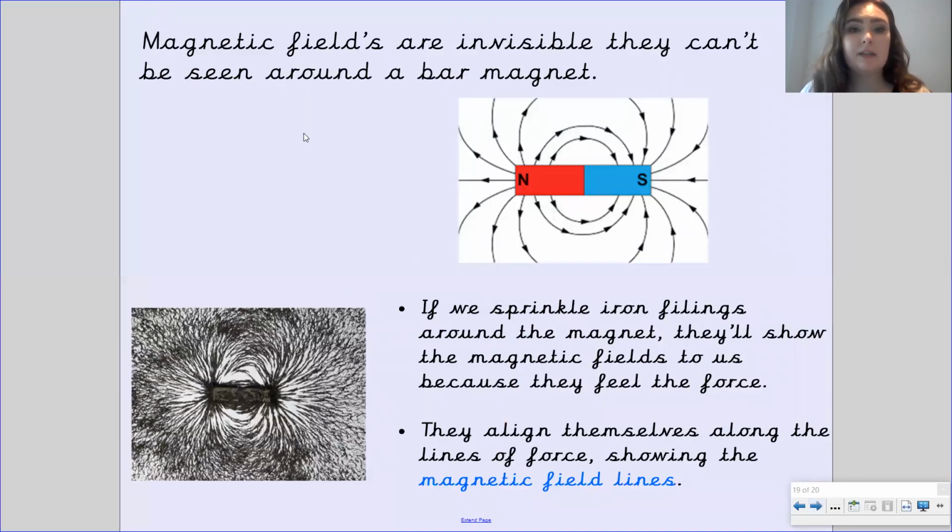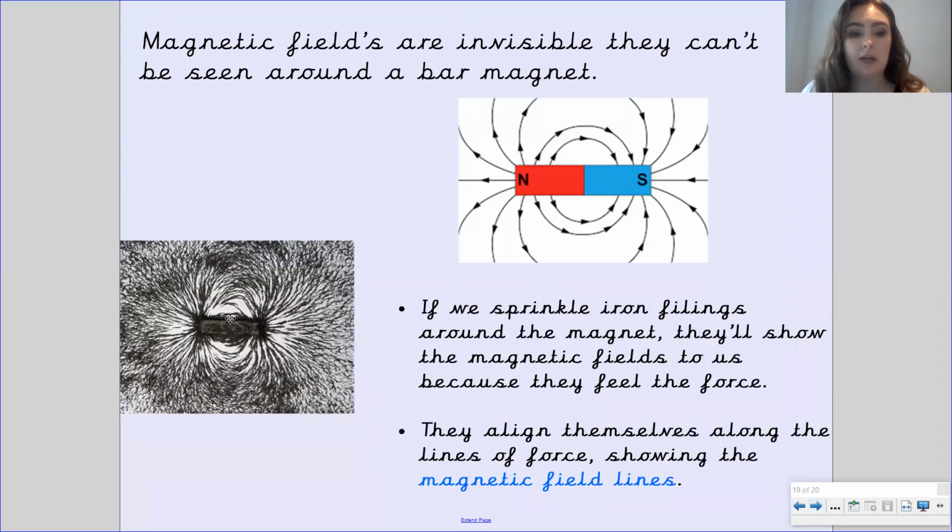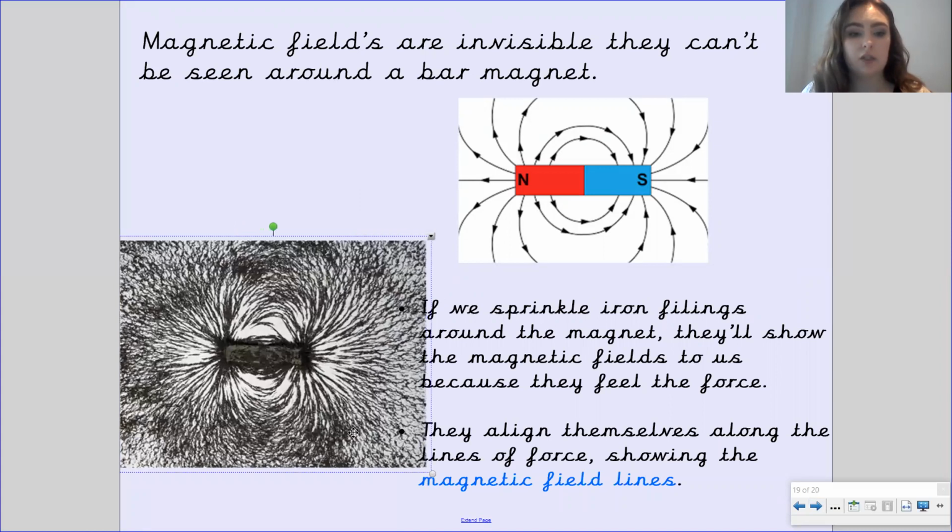Okay, so magnetic fields are invisible and they cannot be seen around a bar magnet. If you were just to look at the magnet, you would not be able to see the magnetic field because it's invisible to our eyes. However, if we sprinkle iron filings around the magnet, they'll show the magnetic field to us because they can feel the force. They align themselves along the lines of force and they will show us the magnetic field lines. And you can see that happening in this picture here.